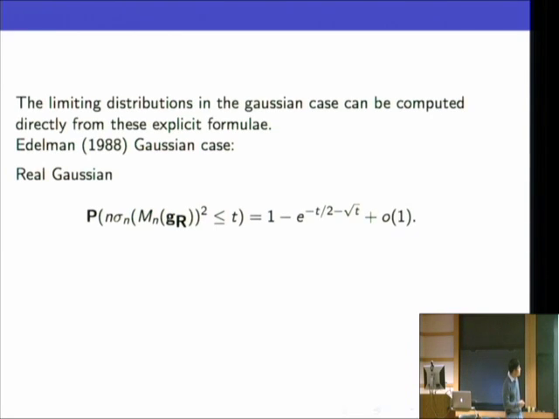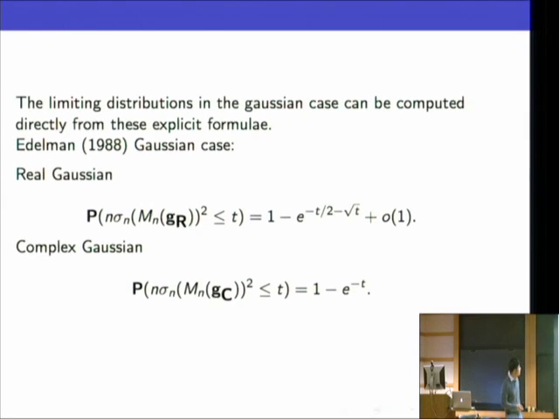the least singular value. It was first done by Edelman in '88, and he did both cases, real Gaussian and complex Gaussian, and it gives you some formula, actually quite nice. I just wanted to tell you one interesting thing: in the real case you have an error term.